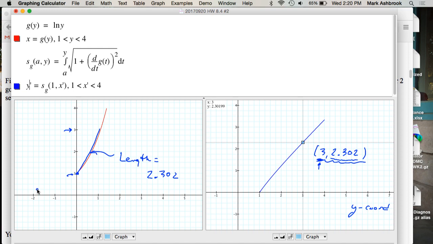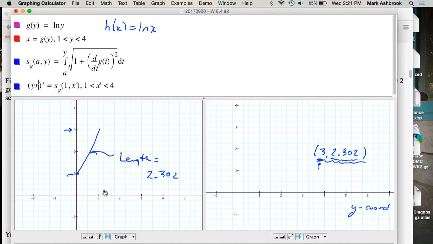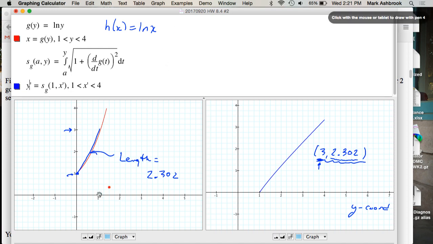I think so. So if I instead did, all right, let's call it h. So h of x is ln of x, and so then what would the graph of that look like? Oh no, what just happened? Undo. Okay, so the graph then would look like this. Something like that.